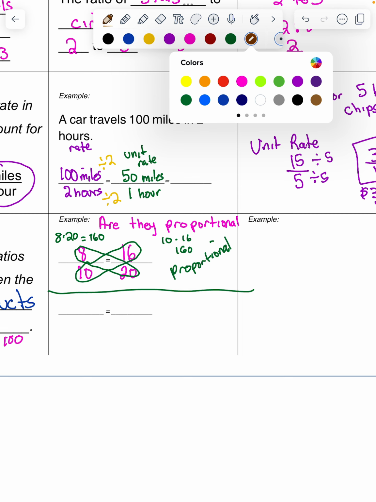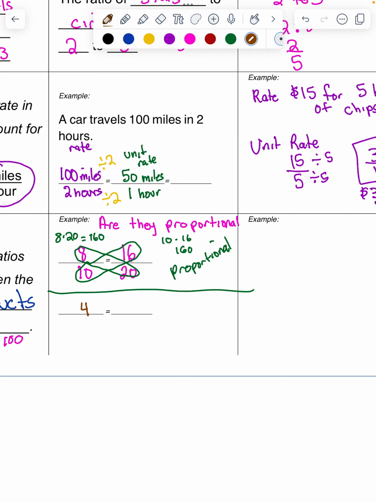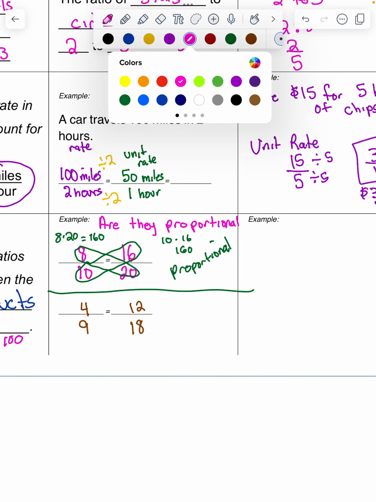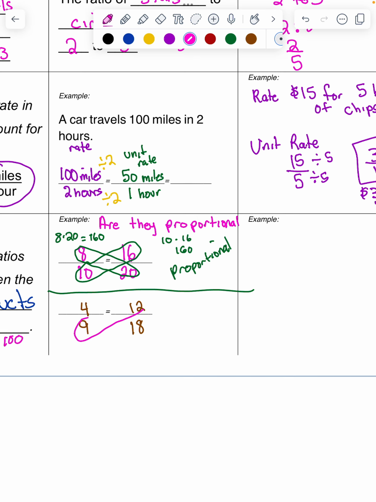Let's try that again. I'm going to do 4/9 and 12/18. And I'm going to decide, are they proportional? I'm going to do cross products. I'm going to do 9 times 12, and I'm going to get 108.